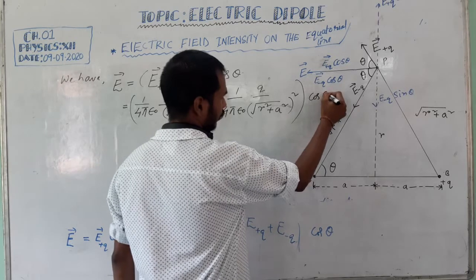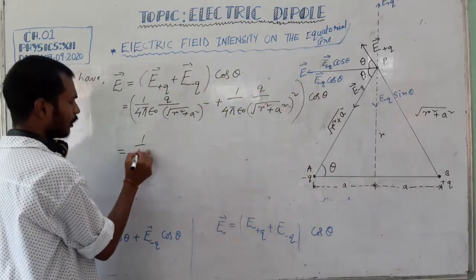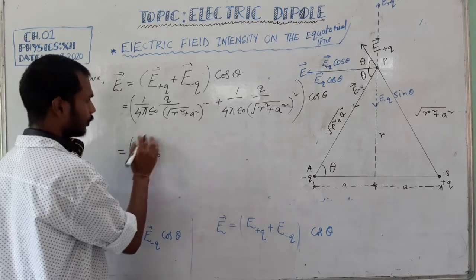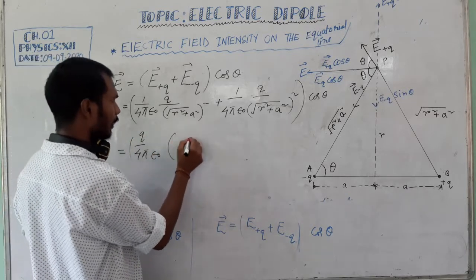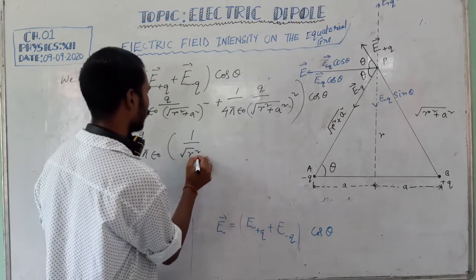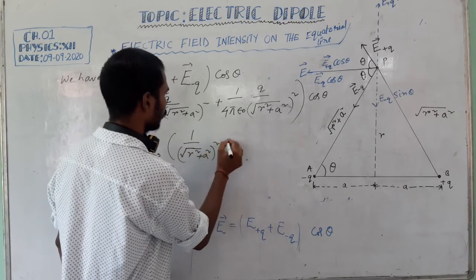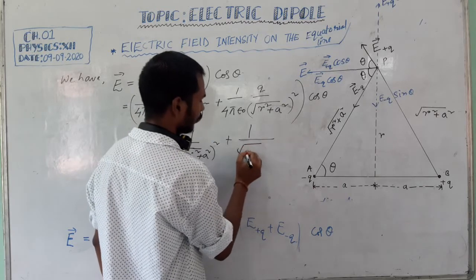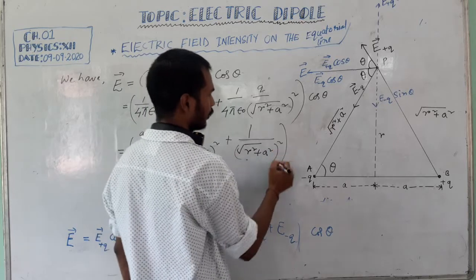Now see what the common terms are. Take out the common terms: 1 by 4 pi epsilon naught, and Q is also common. Inside the bracket, what is left? 1 by root over r square plus a square, whole square, plus 1 by root over r square plus a square, whole square, and there is cos theta.